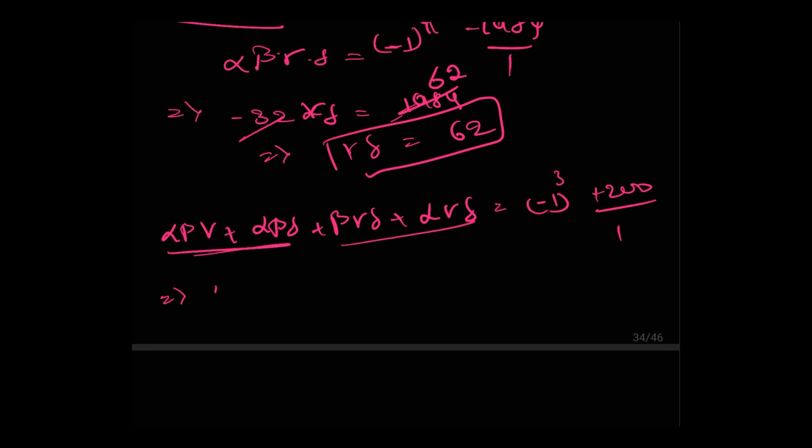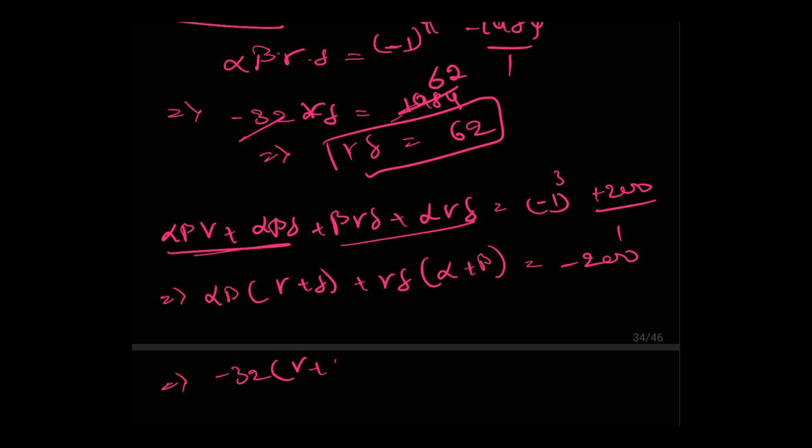We will get alpha beta times (gamma plus delta) plus gamma delta times (alpha plus beta) equals minus 200. We know alpha beta and gamma delta. Substitute those values. We will get minus 32 times (gamma plus delta) plus 62 times (alpha plus beta) equals minus 200.